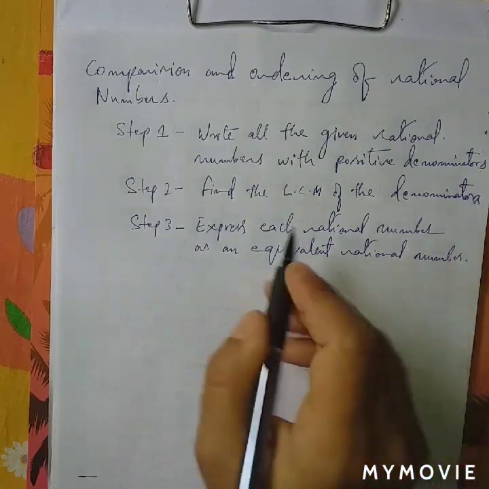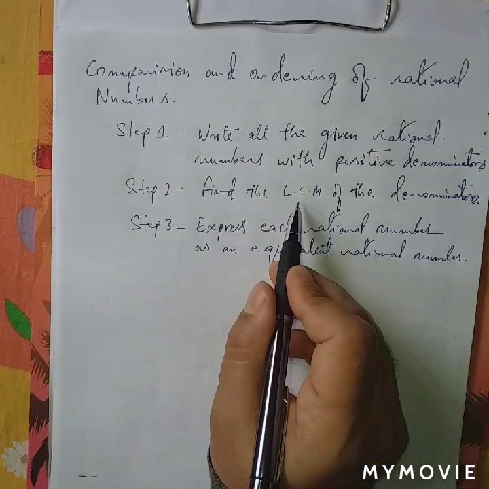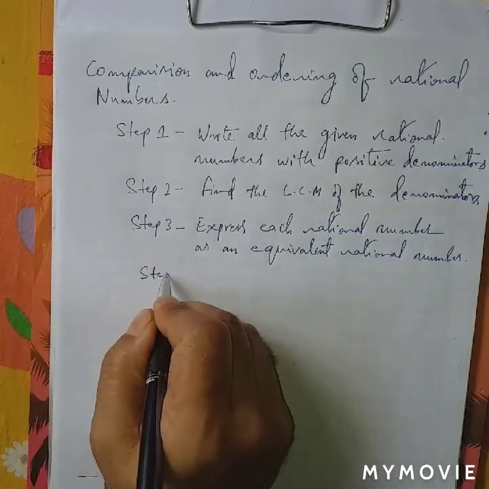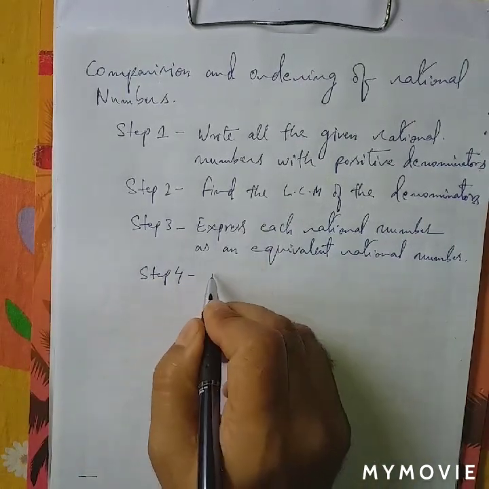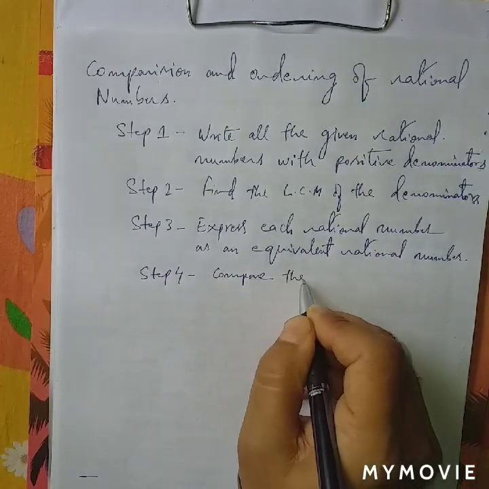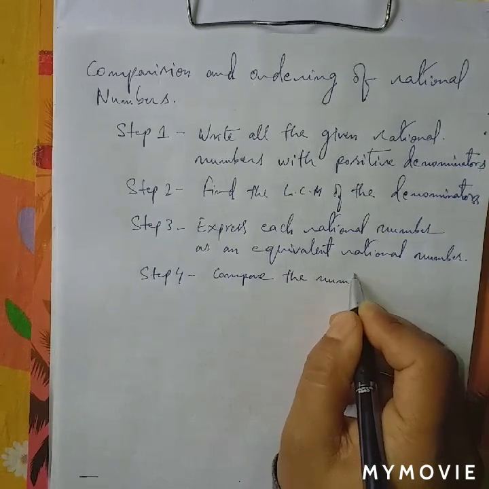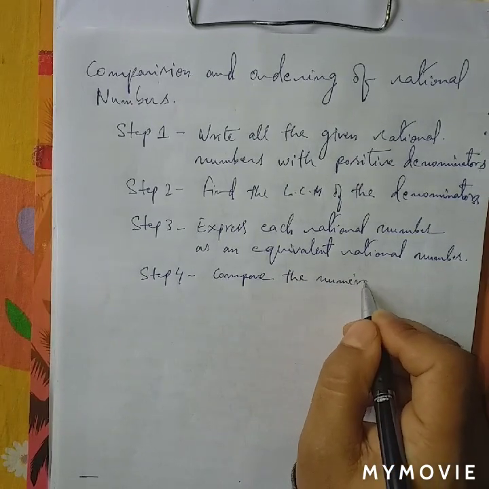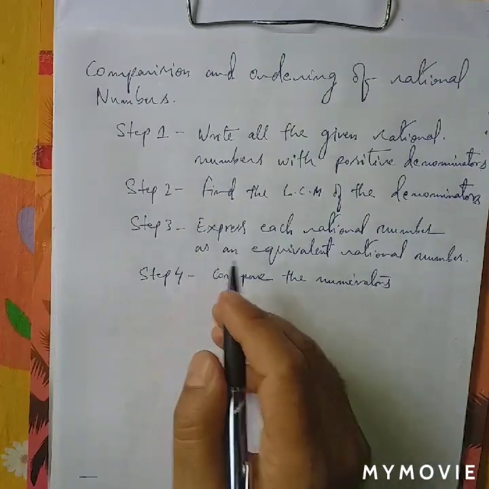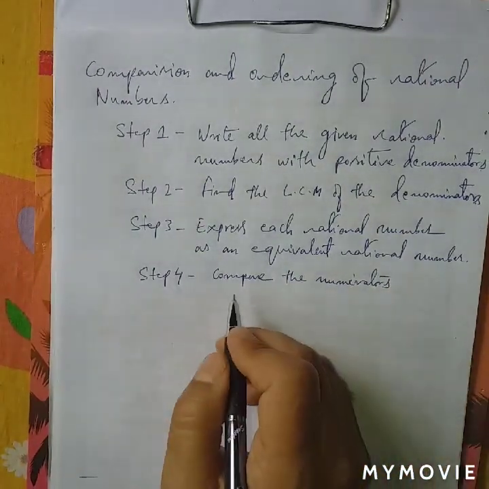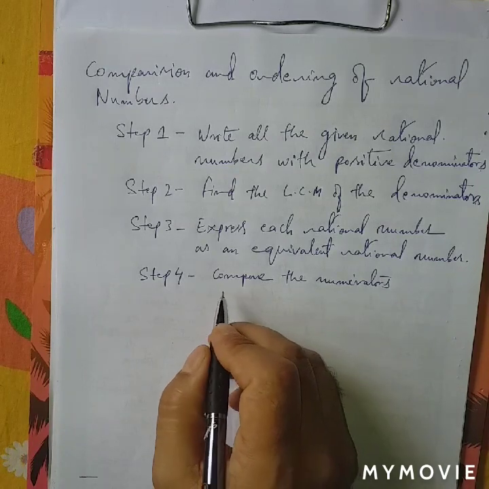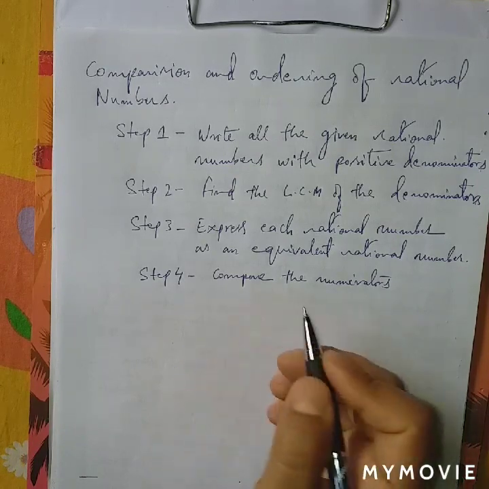This can be done with the help of this LCM that we have found. And step number 4 is the answer, where we have to compare the numerators that we have obtained in step number 3. The greater the numerator, the greater is the rational number.